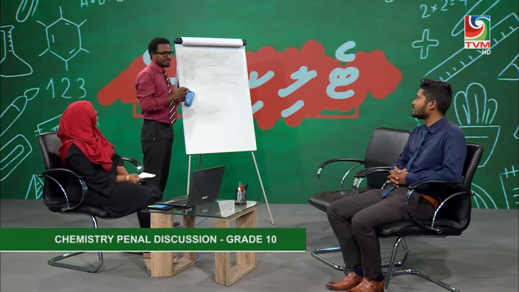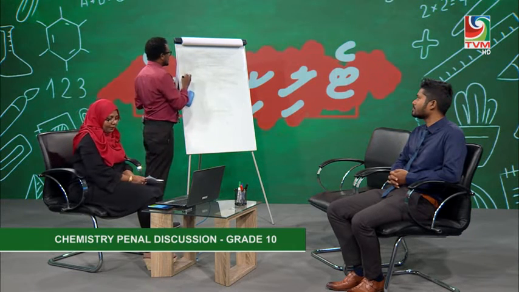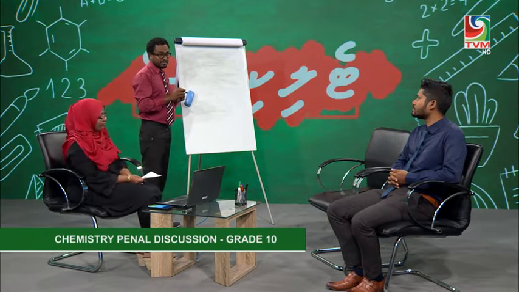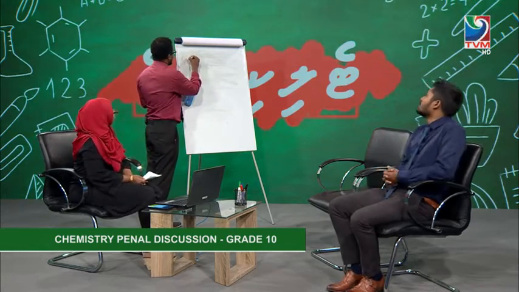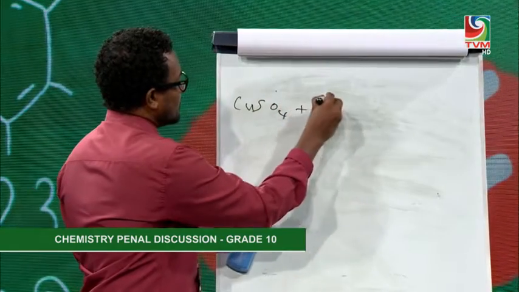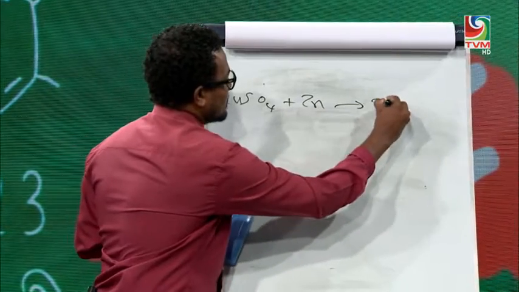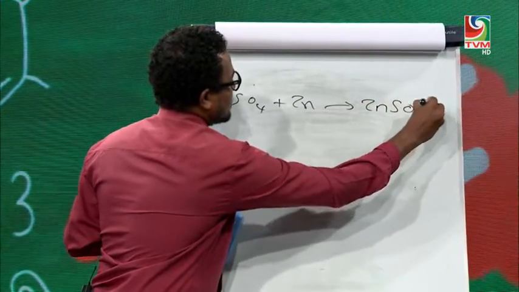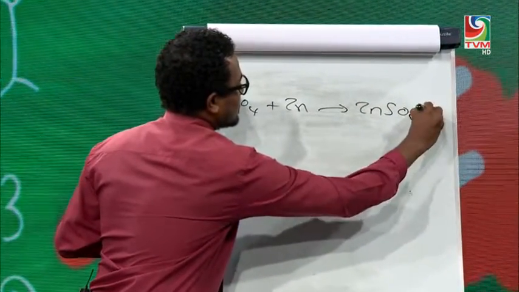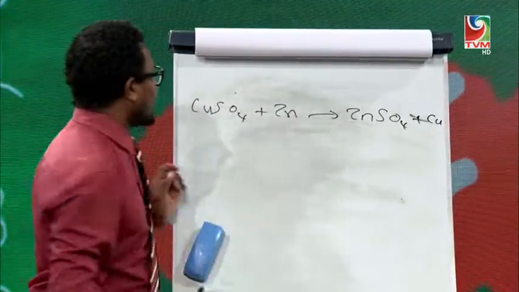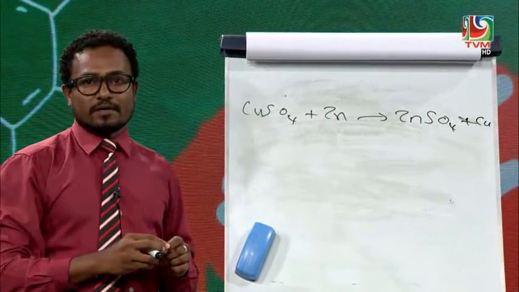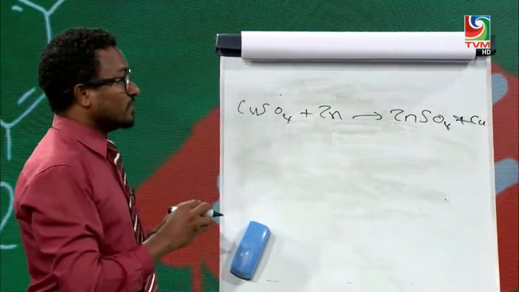Okay, I'm going to explain with an example of a redox reaction. This is a very common reaction called a metal displacement reaction. Copper sulfate reacts with zinc to give copper. This is a very common metal displacement reaction as a redox reaction.